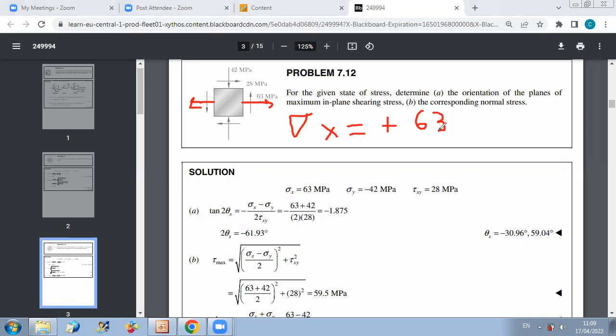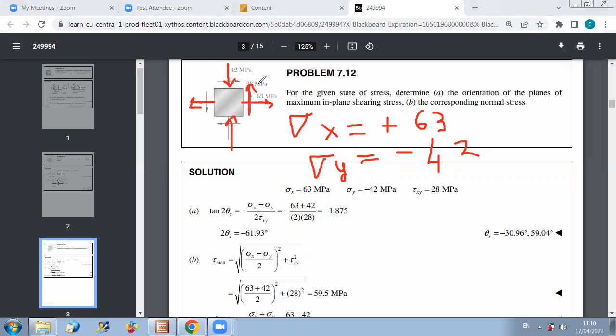And concerning sigma y, you have here compressive stresses along y. For this reason, sigma y will be minus 42. Now, if you look at shear stresses, this is tau xy.